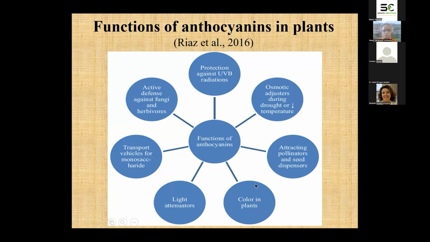The function is natural color. Anthocyanin is a natural color, in different colors. Light attenuator to reduce the intensity of light. Transport vehicle for monosaccharide. Active defense against fungi and herbivores.